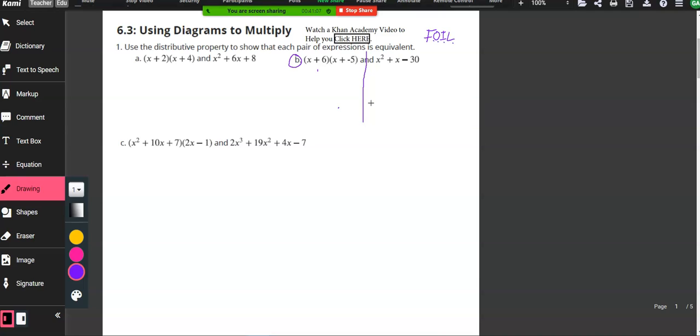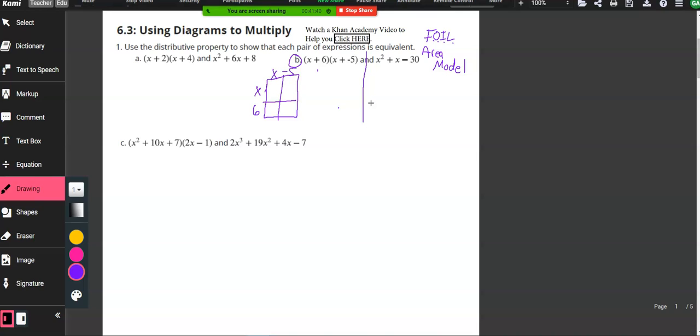I'm not sure if your algebra 1 teacher uses FOIL, or maybe they use the area model or the box method that looks like this. You draw a little window like this. You put x plus 6 on the sides and x minus 5 on the other side right here on the lengths. Okay, so one parenthesis goes on one side and another parenthesis goes on the other side.